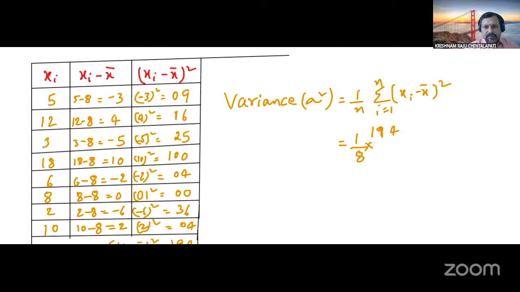So 194 by 8, which is 24.25. So this is the final result. Variance sigma square equal to 24.25.